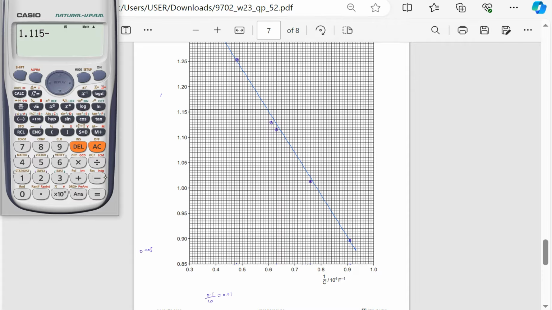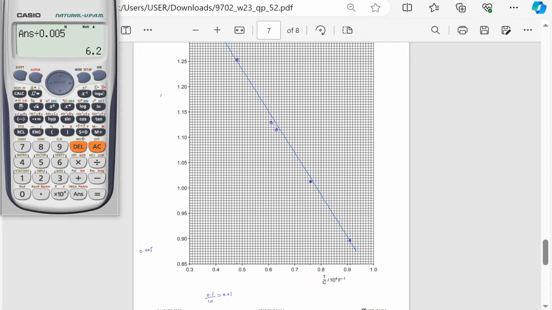So 1.115 minus 1.1, divided by 0.005. Those are 3. And I counted 3. The other one was 0.61, against 1.131. 1.131 minus 1.1, divided by 0.005.